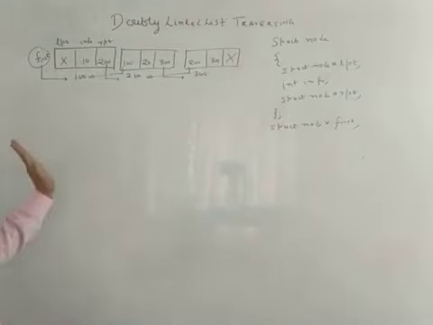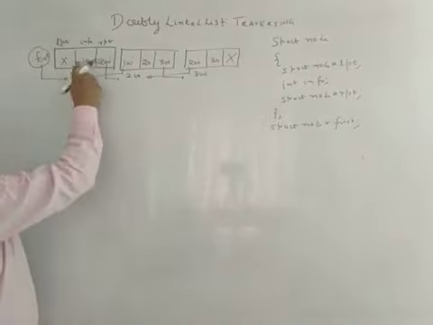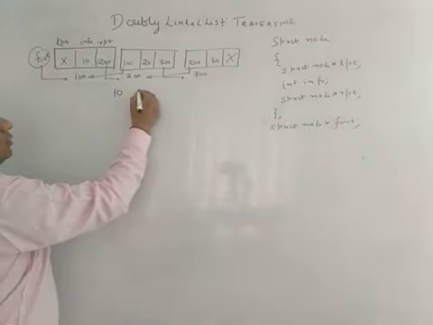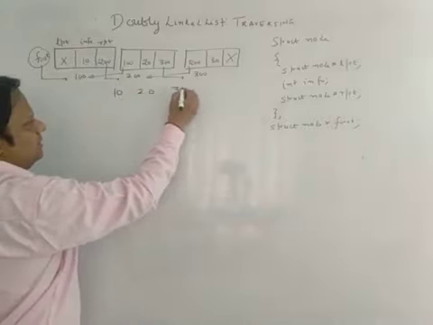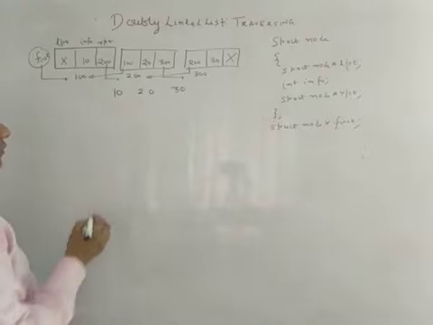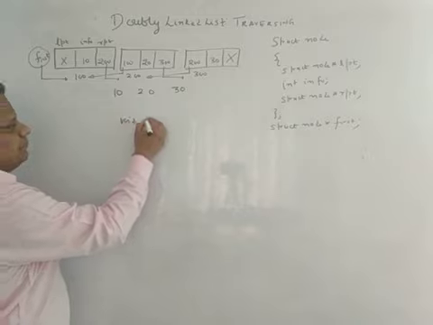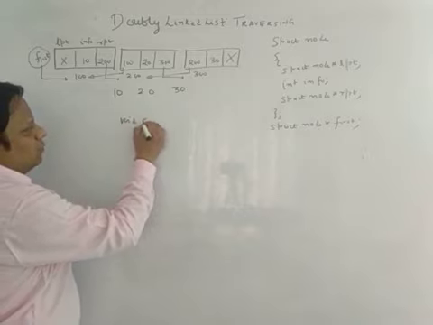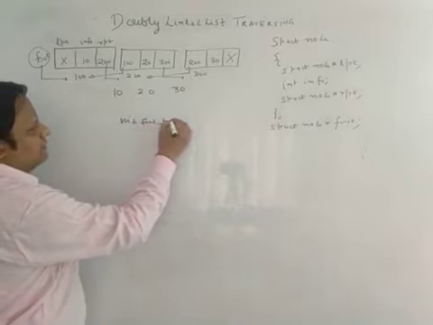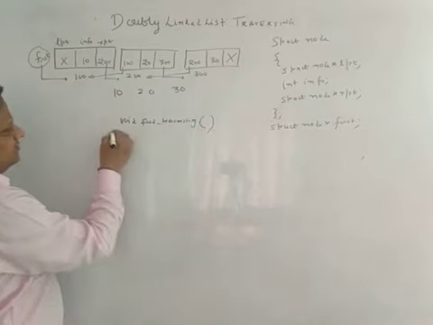Now first we will see how we can display this linked list, which means how we can move forward. I want to print the values like 10, 20 and 30. This is what I want on my output screen. So let's write code for this. I am writing void forward_traversing, this function.